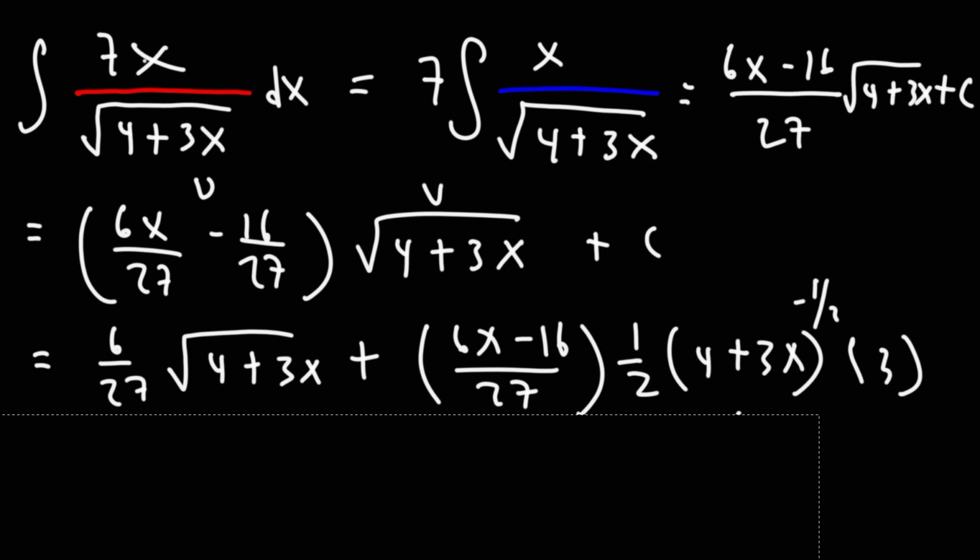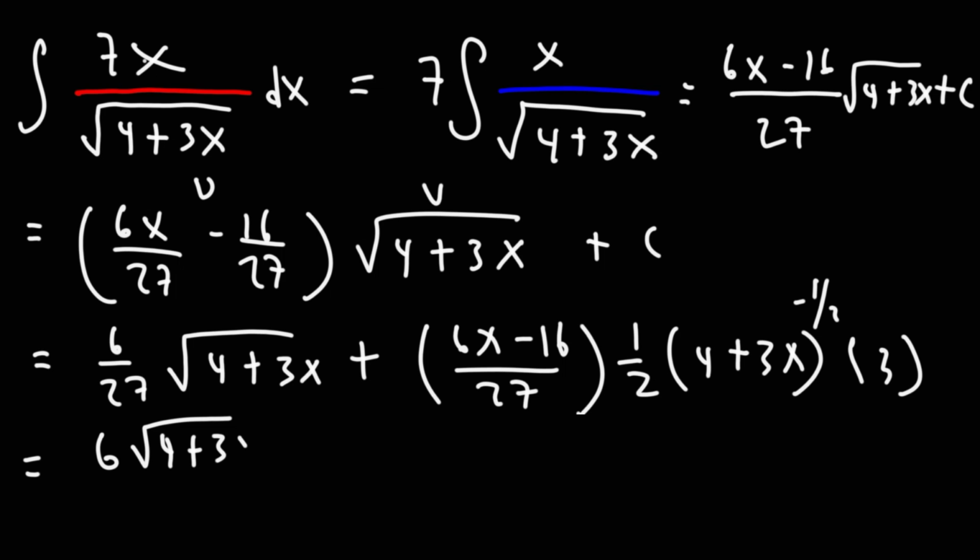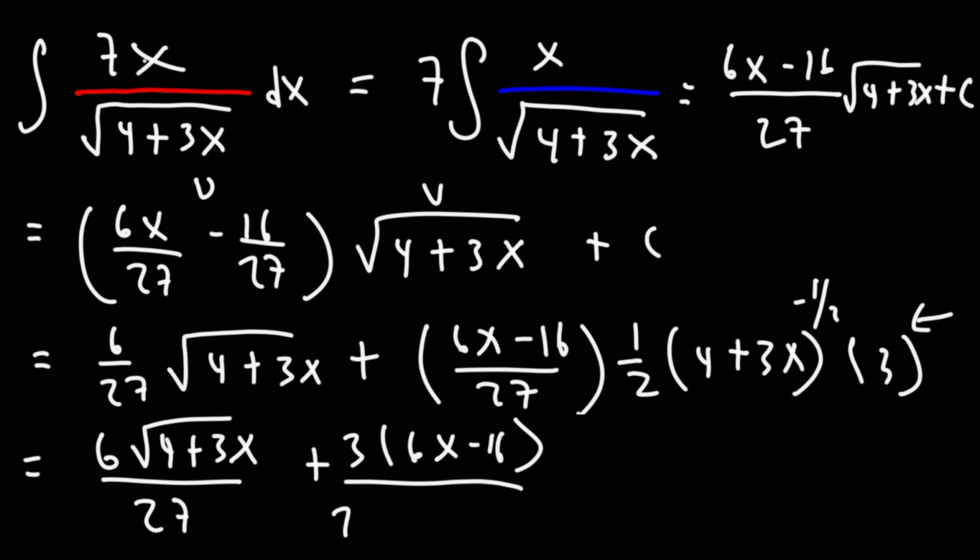Okay, so now we just need to rearrange this to see if we can make it equal to the original expression. So this is 6 times the square root of 4 plus 3x over 27. Here we have plus, there's a 3 here, and then we have 6x minus 16. We have a 2 on the bottom, a 27 on the bottom, and this radical, I'm going to move it to the bottom since it has a negative 1/2 exponent.